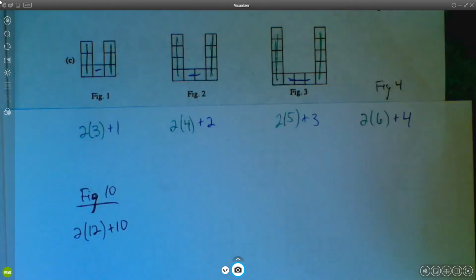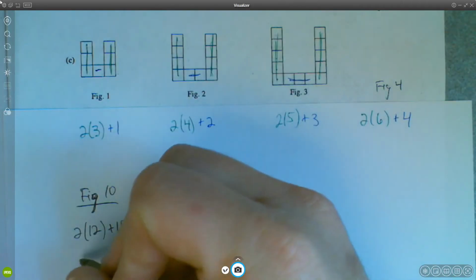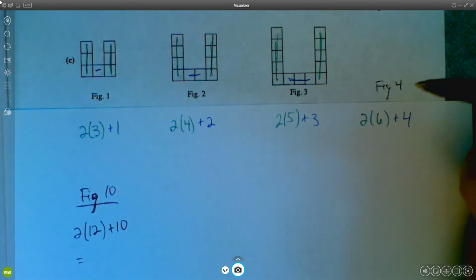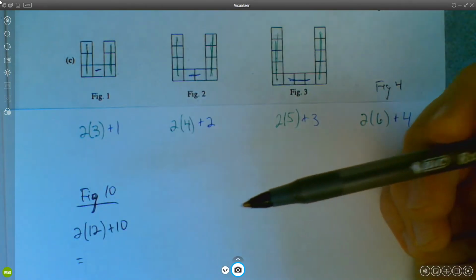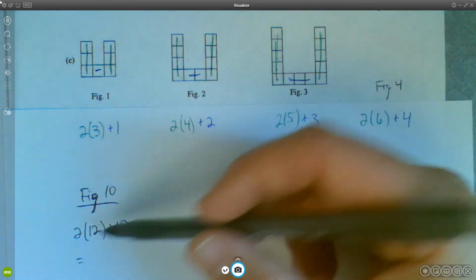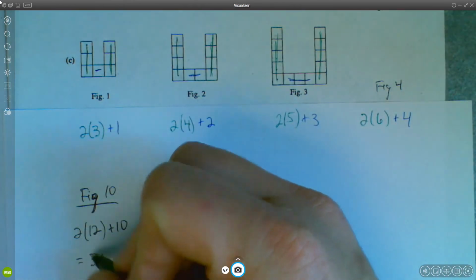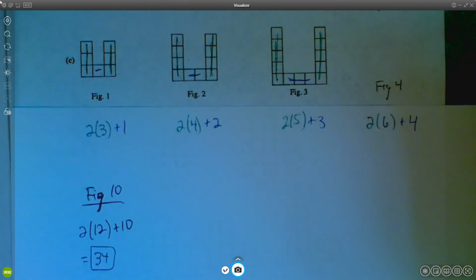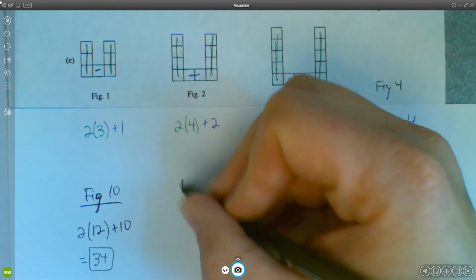Okay, and I haven't been doing this, but it's kind of interesting to note that this is really nice because now, without even having to draw out figure 10, you know how many tiles are going to be in figure 10. It's going to be 2 times 12 is 24, plus 10 is 34. You should have 34 tiles in figure 10, which is kind of nice. Okay, for figure 100.